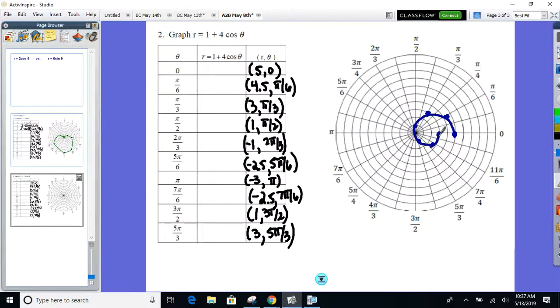Now it's starting to come in a little bit. 7 pi over 6, but opposite direction. So that's at 2. -2.5. 1, 3 pi over 2.